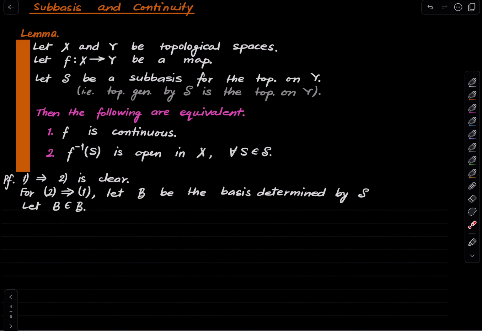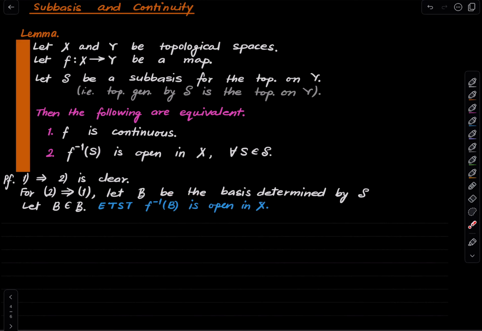We know that to show continuity of the function f, all we need to do is show that the pre-image of any element of this basis is open in X, because the topology generated by this is the same as the topology on Y, which is the same as the topology generated by S. So all we need to do is show that the pre-image of this arbitrary chosen basis element is open in X, which, let me remind you, is just another way of saying that it is in the topology on X.